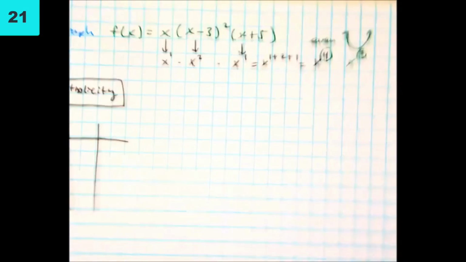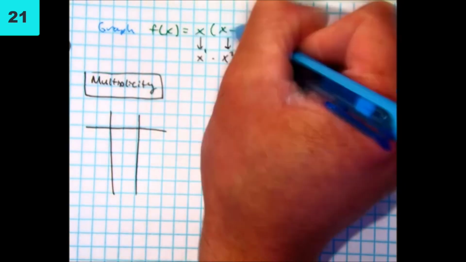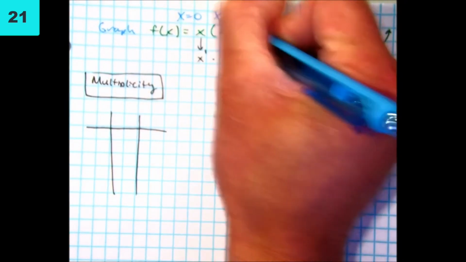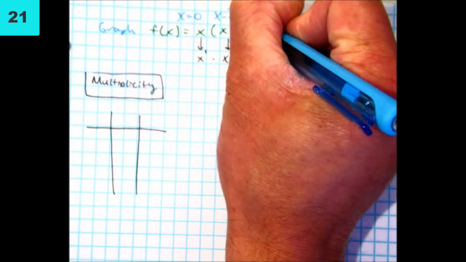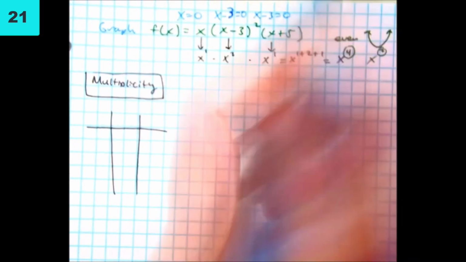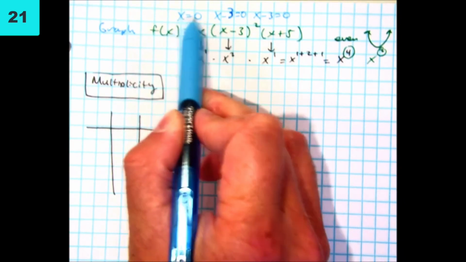To do multiplicity here, I'm going to use the zero product rule. The zero product rule essentially says that each of these equal to 0. X minus 3 equals 0, x minus 3 equals 0. Notice I wrote this twice, didn't I? Yeah. But when I solve it, I already have one here.